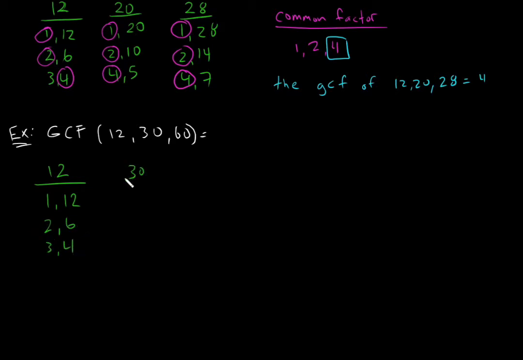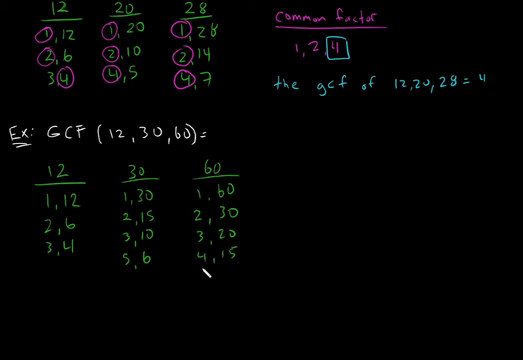For 30, that'll be 1 and 30, 2 and 15, 3 and 10, 5 and 6, and I think that's it. And for 60, there are a little bit more. So 1 and 60, 2 and 30, 3 and 20, 4 and 15, 5 and 12, 6 and 10.